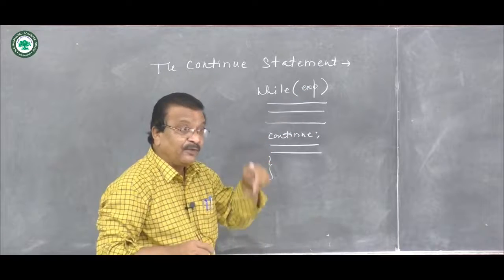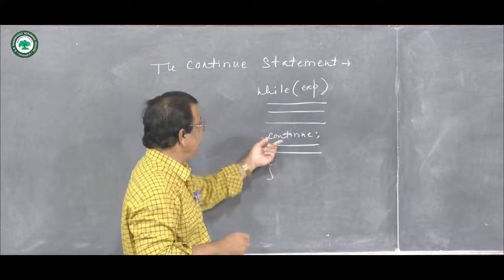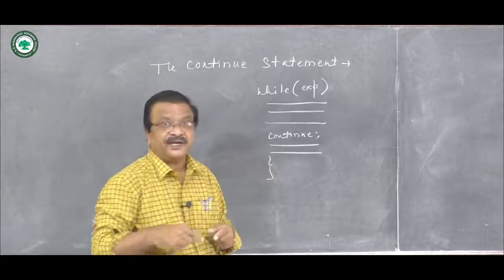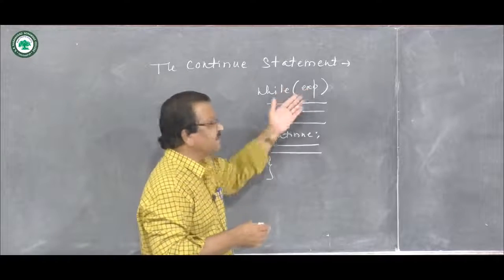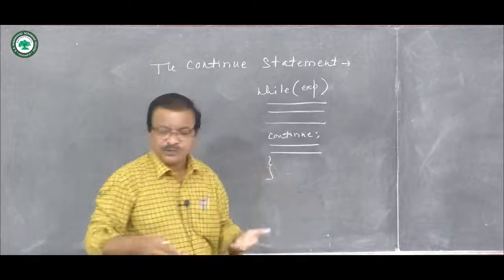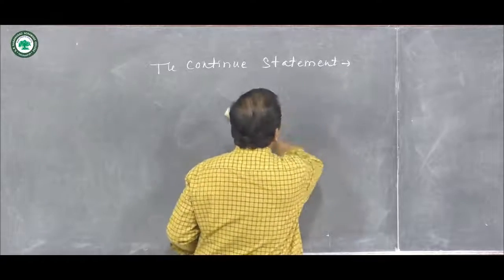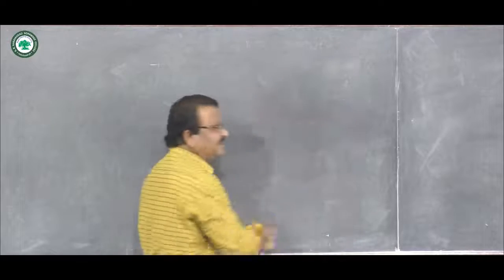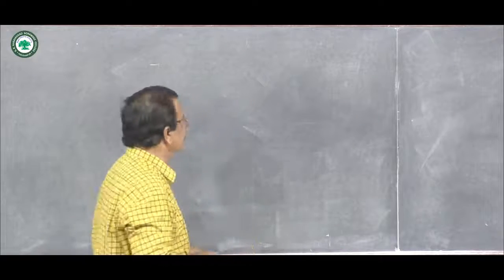But in every pass, these two statements will be skipped because of this continue statement, and only these three statements will get executed during every pass. And the moment this expression becomes false, as usual, the loop will get terminated. And the general form, as we have seen, is simple, continue followed by semicolon.